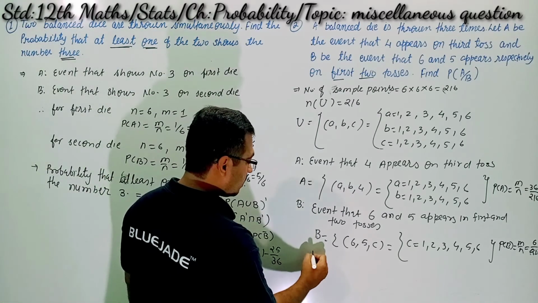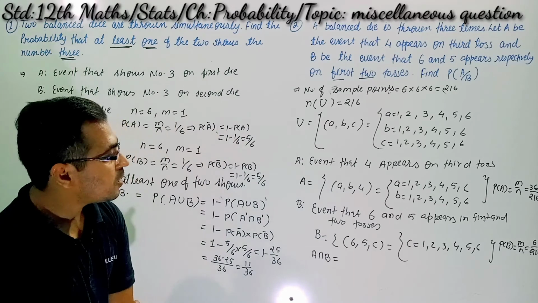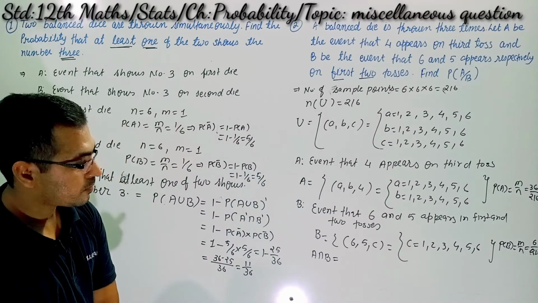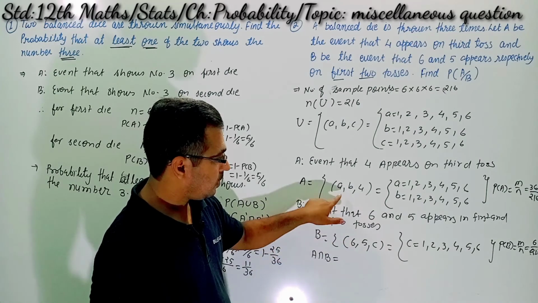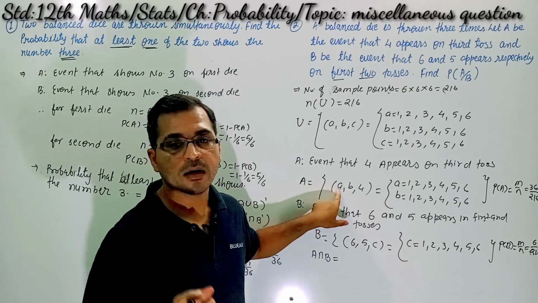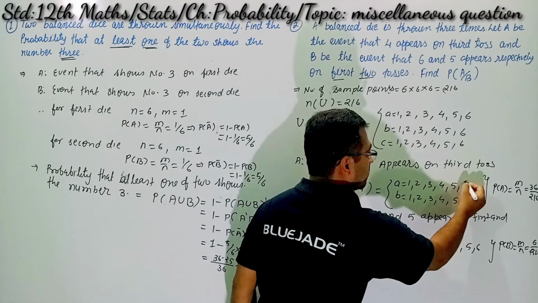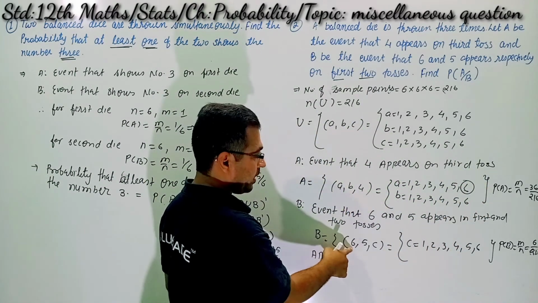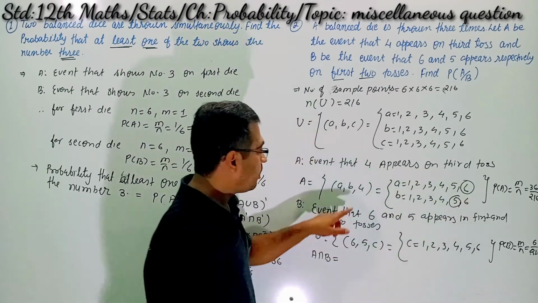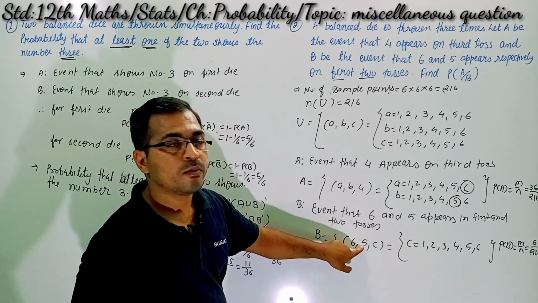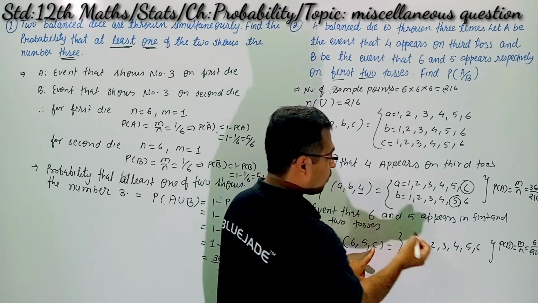Okay, students. Now we can see that there is something common in A and B. What is the common term in A and B? There will be one point: in the first place we get 6, in the second place we get 5, and in the third place we choose 4.